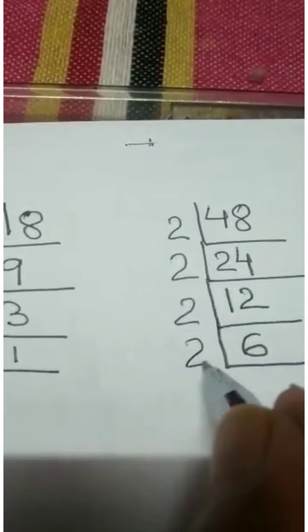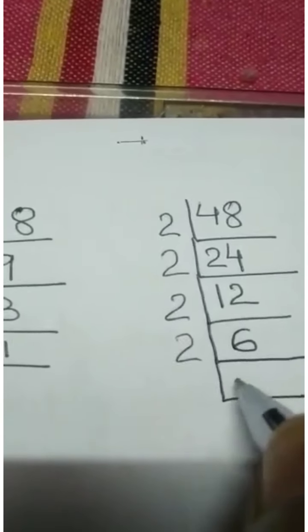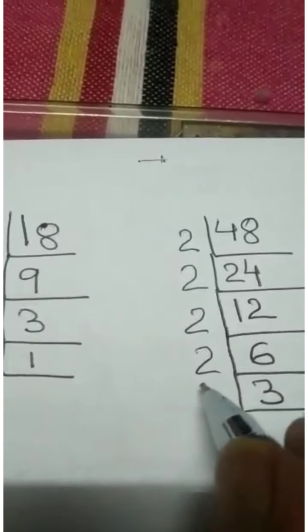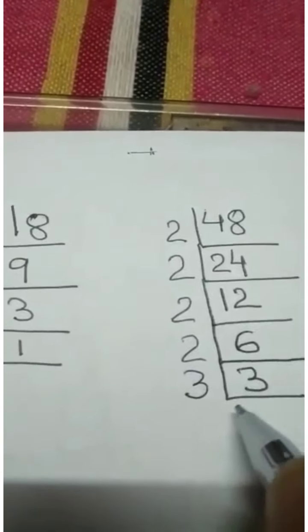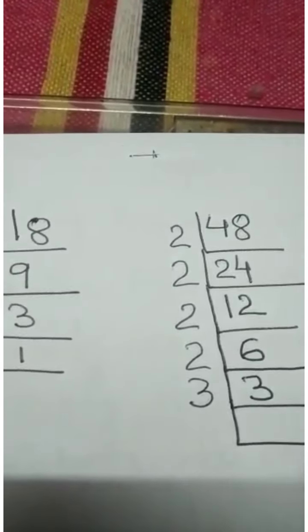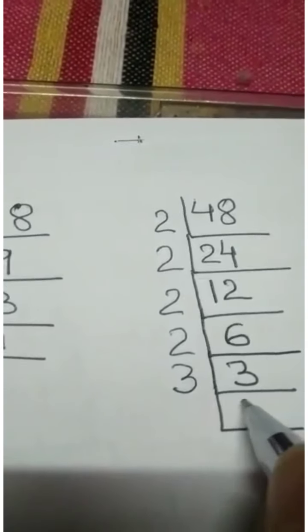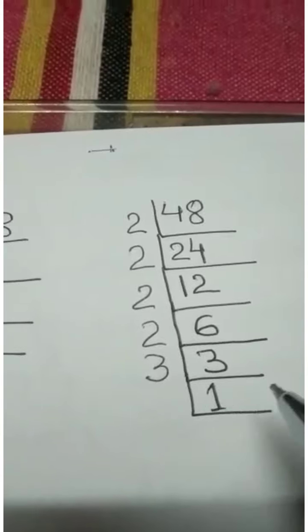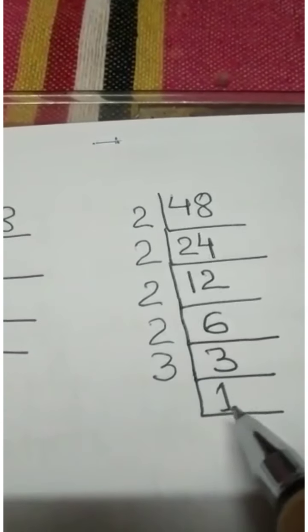Again 6 divided by 2, 3. 2 3s are 6. 3 is another prime number and a factor of 3. So 3 divided by 3, 1. Here we again stop dividing because we get 1.